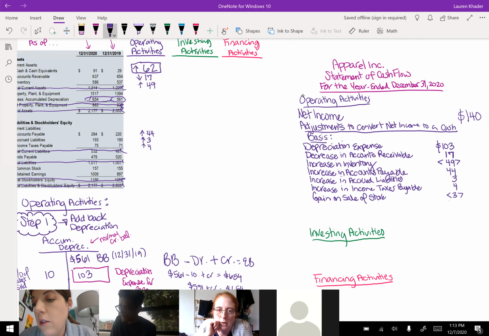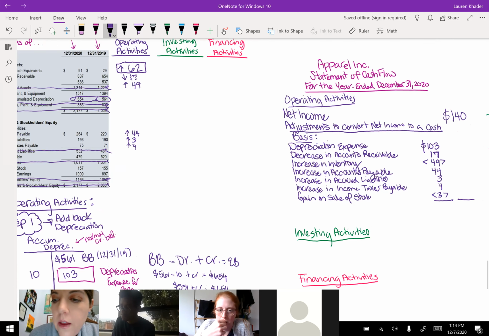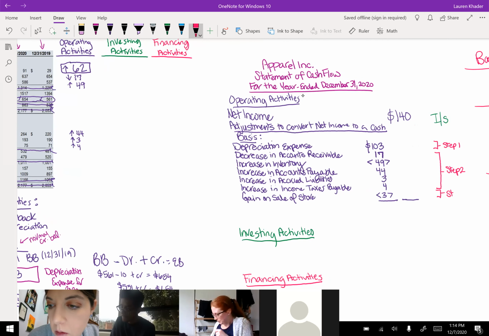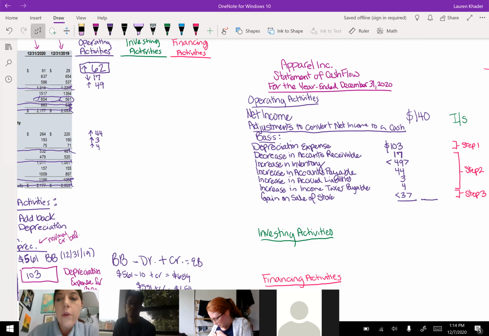And I'm going to put a single underline here. And then I'm going to put another underline right next to it in the outer column. And that was step 3. So what you're going to do with the outer column is you're going to add up that inner column or net out that inner column to figure out those changes.